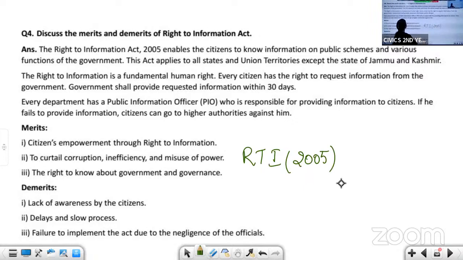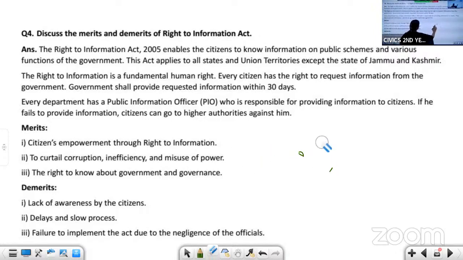Now, according to this act, citizens have the right to know information on public schemes and powers and functions of the government, like what government is doing for the people. Citizens have the right to know what government is doing with the public money. You have the right to that information also.